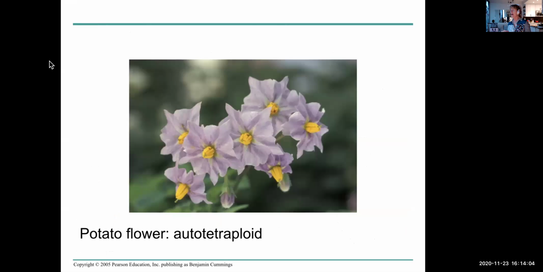So this kind of non-disjunction can be induced, and that has resulted in many agricultural plants. So non-disjunction may be induced in agriculture.